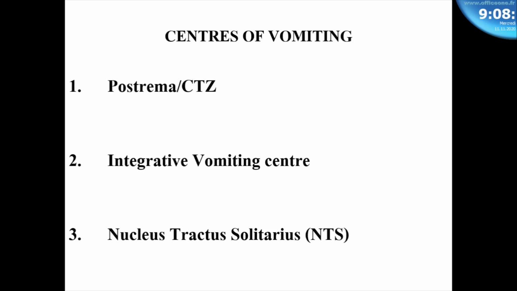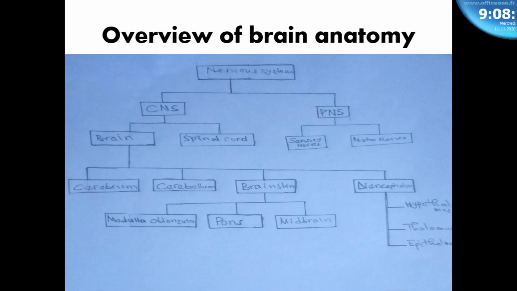Friends, we have seen that we have the neurotransmitters, chemicals that relay those noxious stimuli to the central nervous system. But we have also the vomiting center. What is the center that needs to be stimulated so as to have the vomiting reflex?